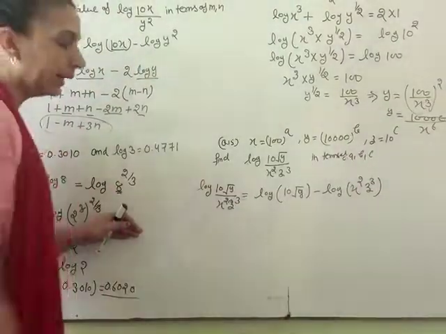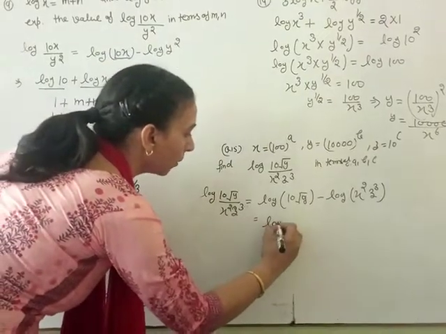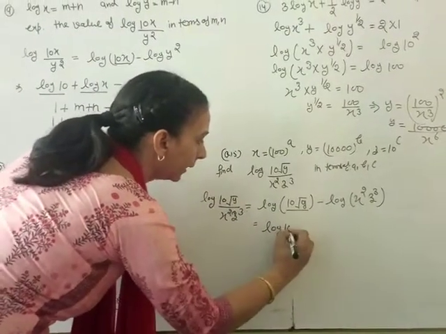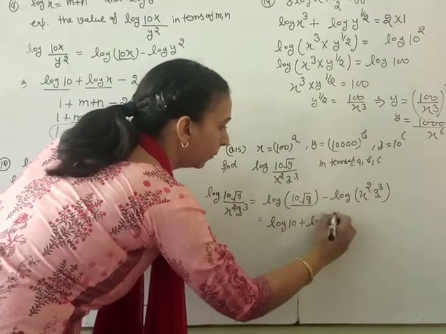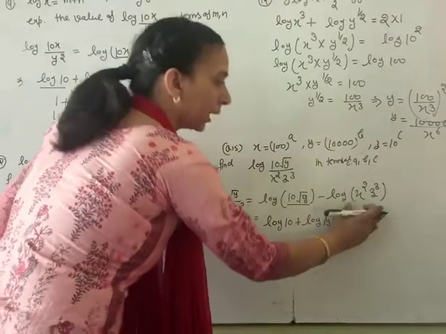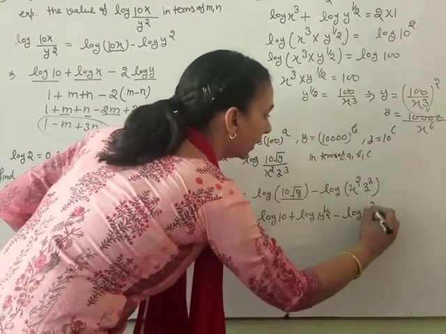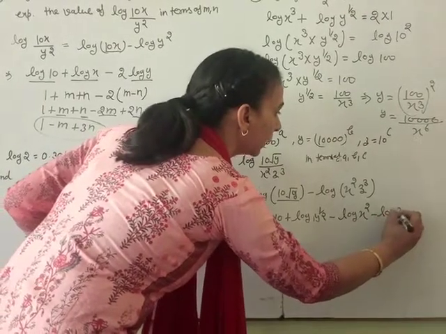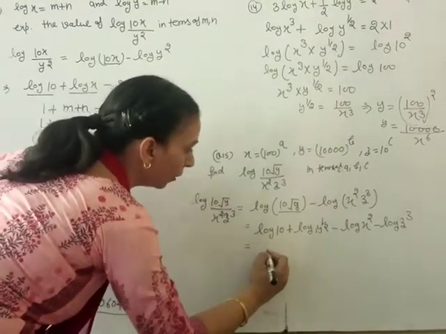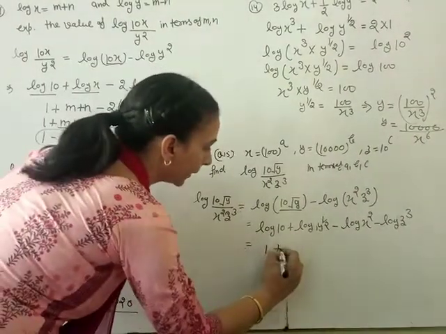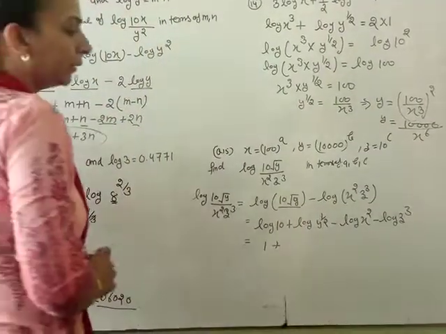Okay student, according to the product law this equals log 10 plus log of root y, which we write as 1 by 2, minus, according to the product law, log x square minus log z cube. Then the value of log 10 is 1, plus log y raised to the power 1 by 2, and we have only y.